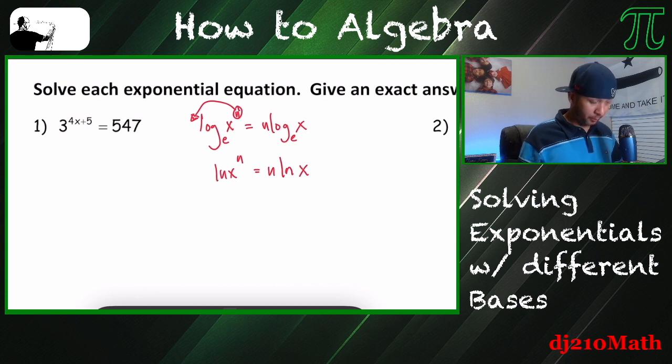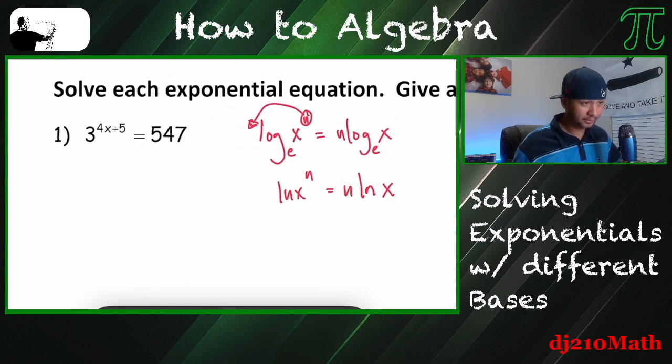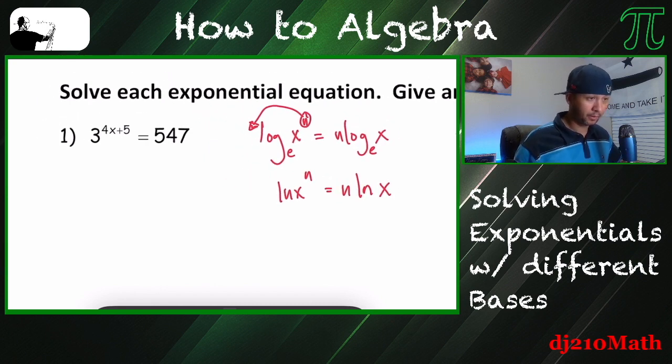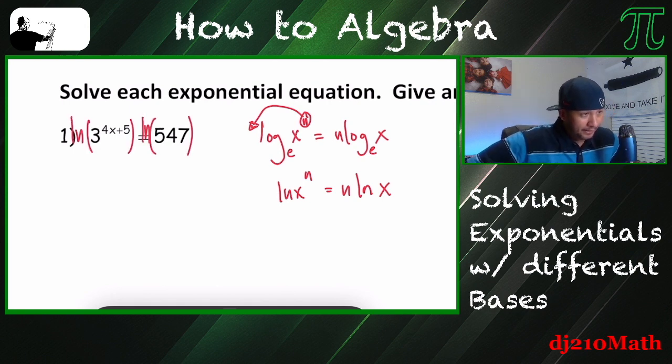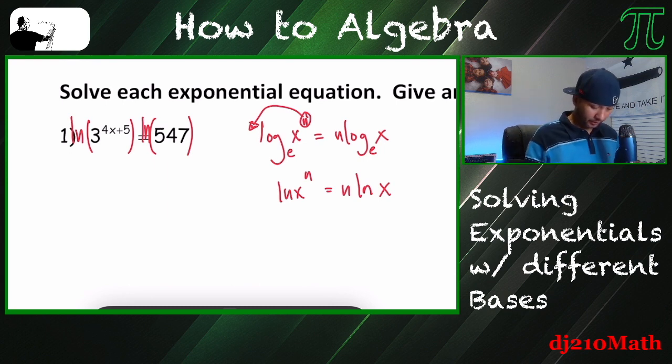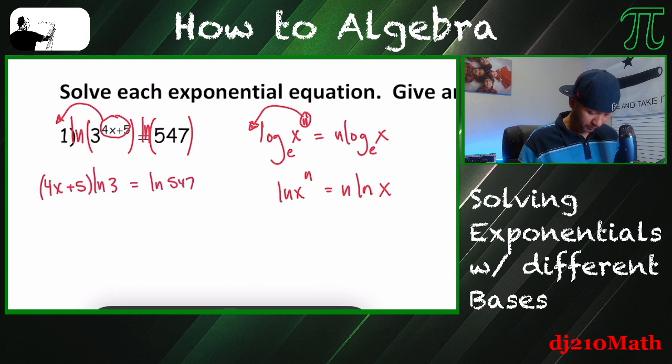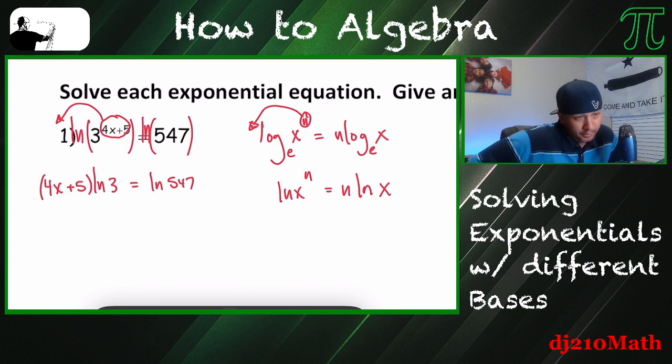Okay, so number 1, the variable is in the exponent, and we want to bring the variable down. So that means we need to utilize the logarithm property. So I'm applying the natural log to both sides. What this is going to do is bring the exponent out front. The natural log of 3 is just a number, right?